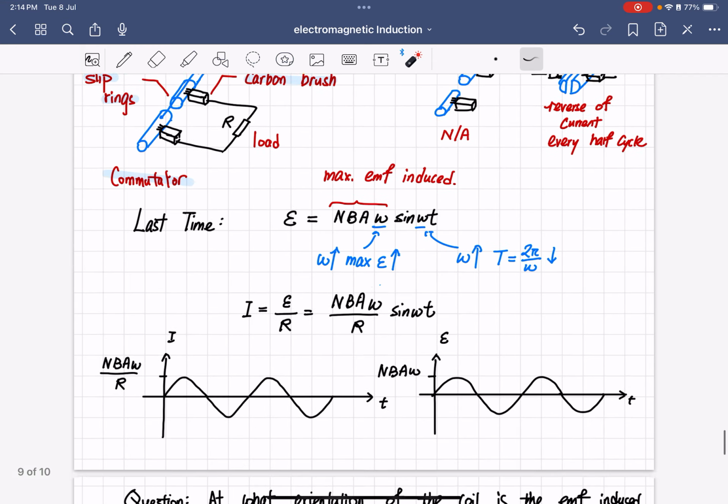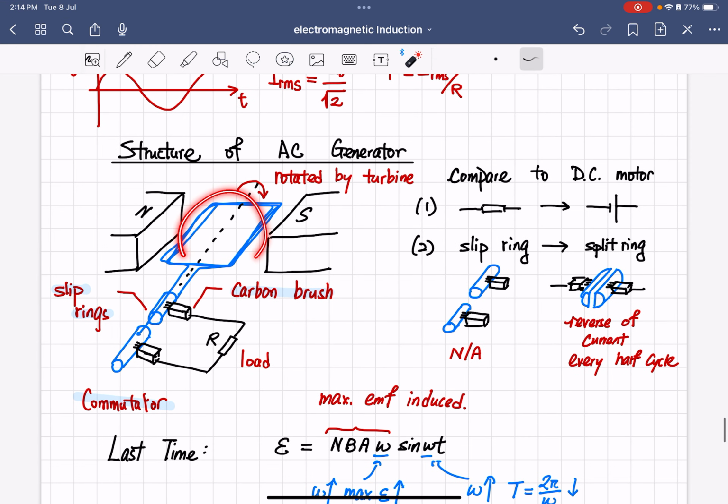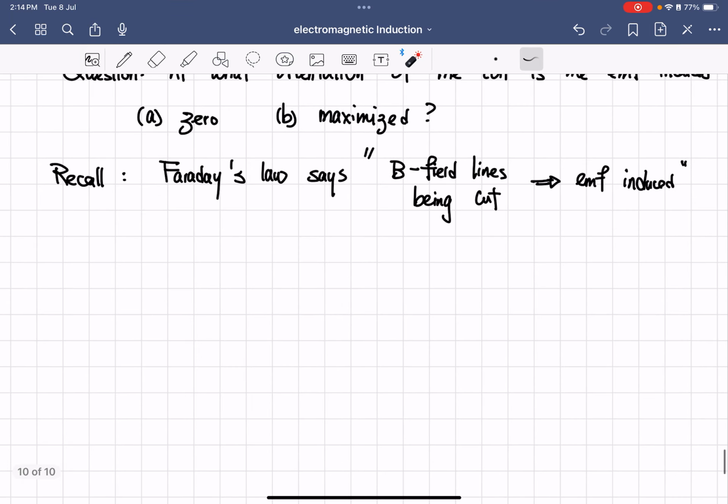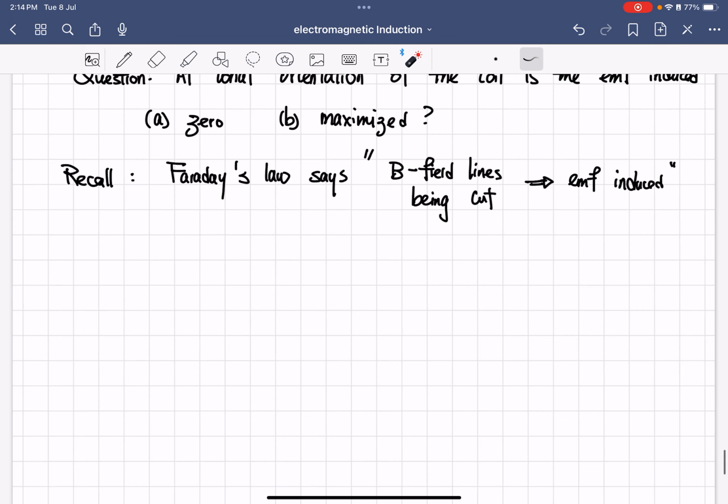So how come? The coil is rotating, and the coil is always in the magnetic field. It seems that there is no instant of time that the coil is not cutting any magnetic field lines. But if we look closer, it turns out that there is. We look at a side view.